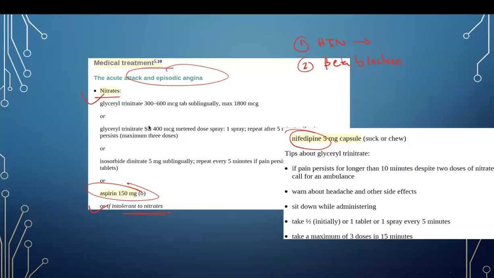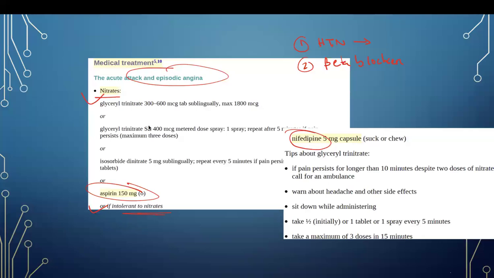It responds well to rest and nitrate, and it's not severe. Whereas unstable angina is much more severe. Even with a small amount of exercise, the pain will come back and it can last for 15 to 20 minutes, even more than that.